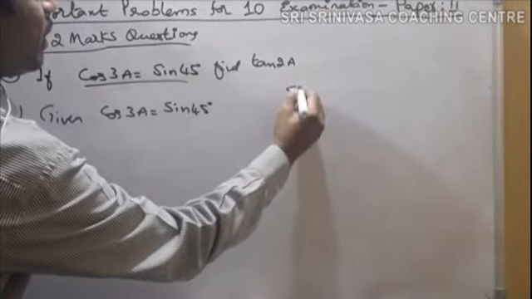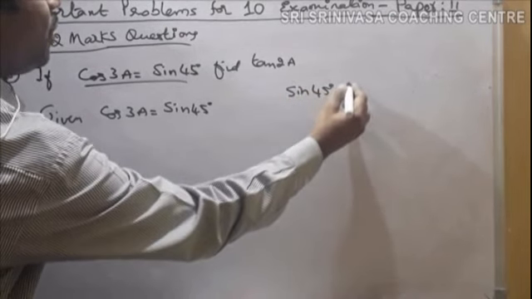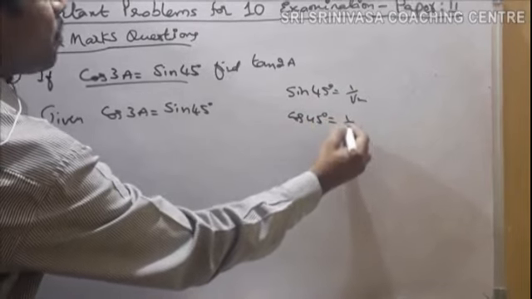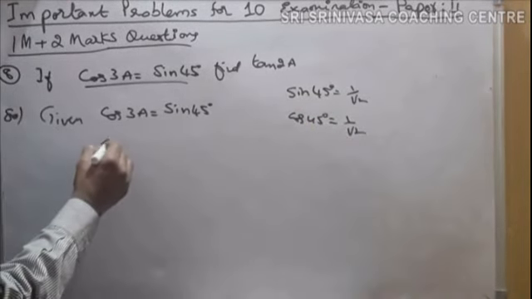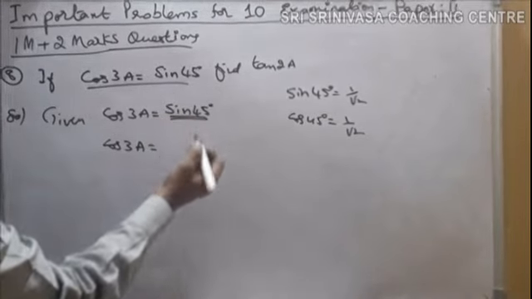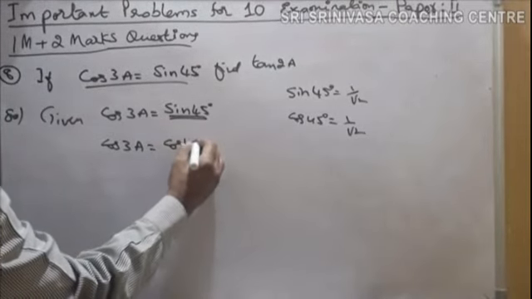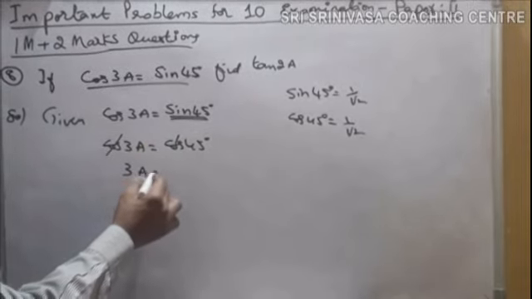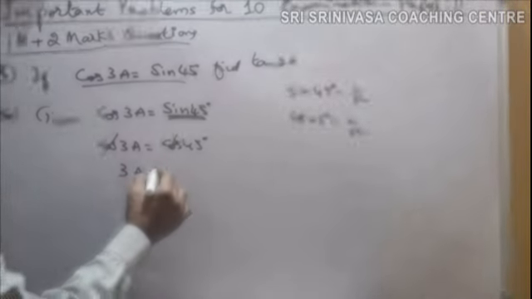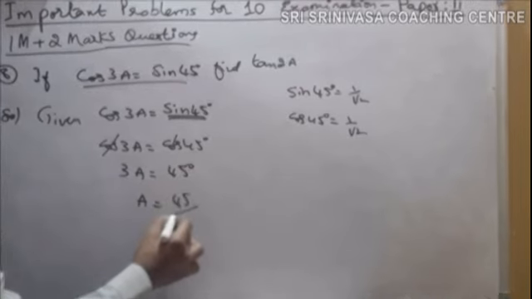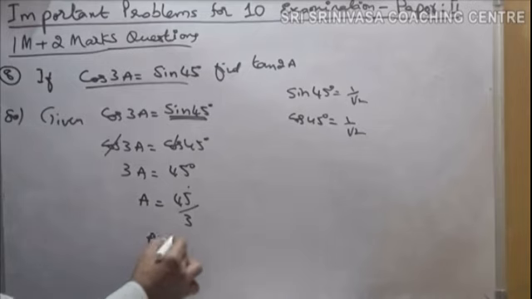Already we know that sin 45 is 1 by root 2, and cos 45 is also 1 by root 2. So that means instead of sin 45, I can take cos 45. Now cos will get cancelled. So 3a equal to 45, a equal to 45 by 3, a equal to 15 degrees.